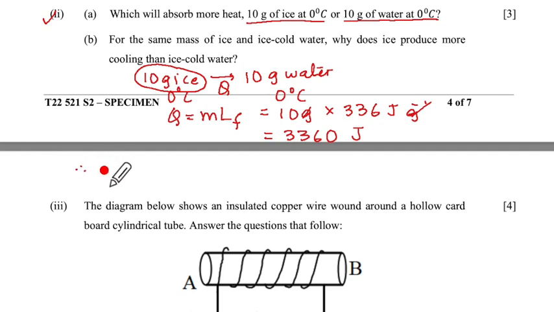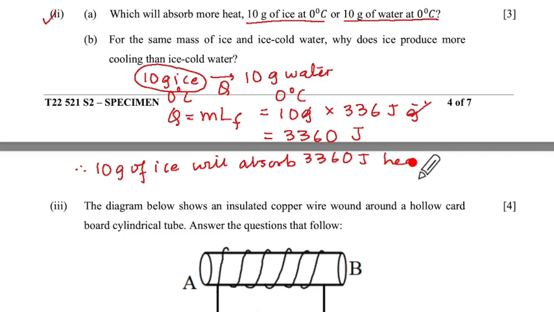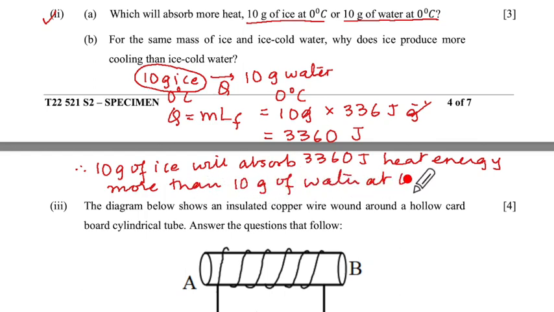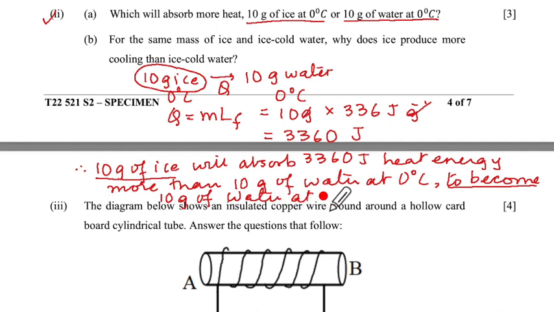So we have to say that therefore 10 grams of ice will absorb 3360 joules heat energy more than 10 grams of water at 0 degrees C, to become, what is it going to become? 10 grams of ice is going to become 10 grams of water at 0 degrees C. And that is our answer.